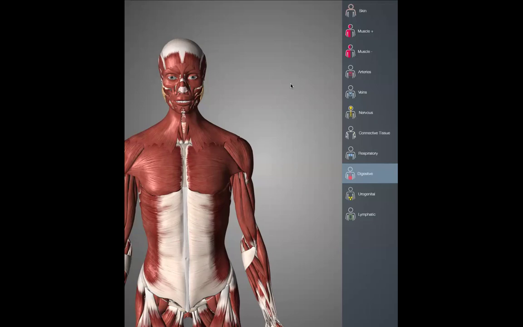So the soft palate is located posteriorly. It is movable. You can move it. It is comprised of muscle fibers, which are covered with a mucous membrane.